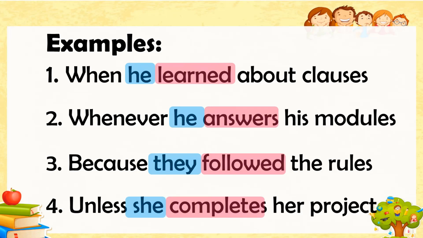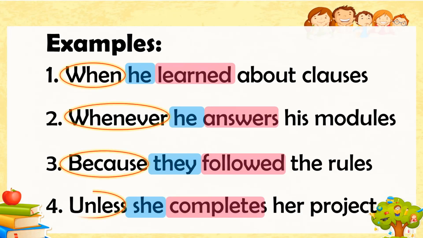What makes these examples incomplete? Great! We have mentioned earlier that dependent clauses start with subordinate words. In these examples, the subordinate words are when, whenever, because, and unless.